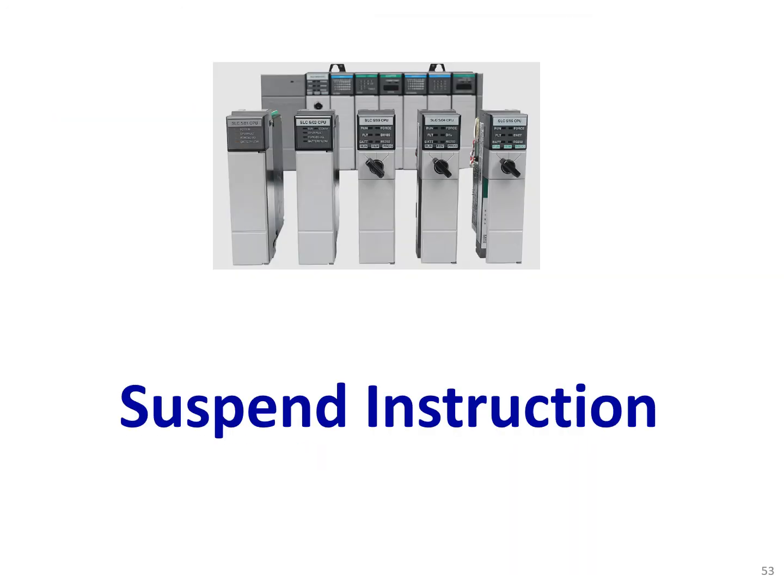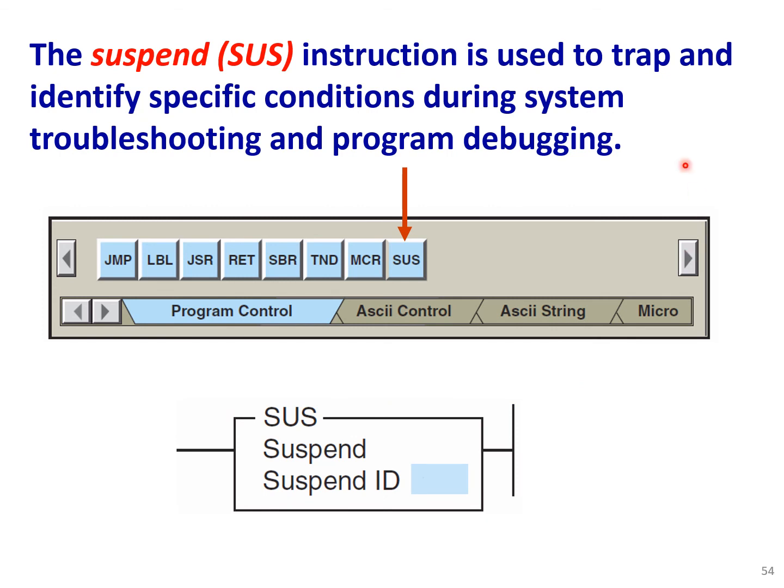Suspend instruction. The suspend SUS instruction is used to trap and identify specific conditions during system troubleshooting and program debugging. So again, it's good for checking our program. So here we have a suspend and suspend ID.